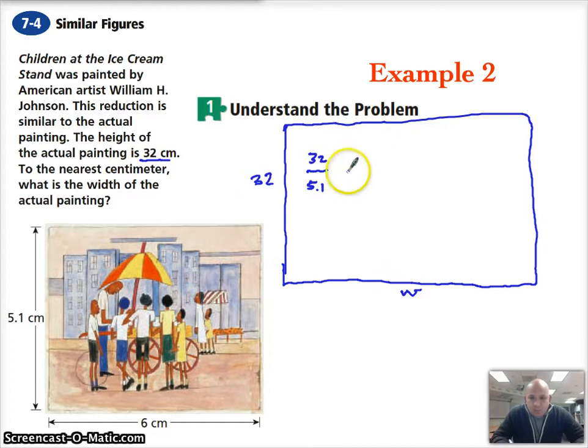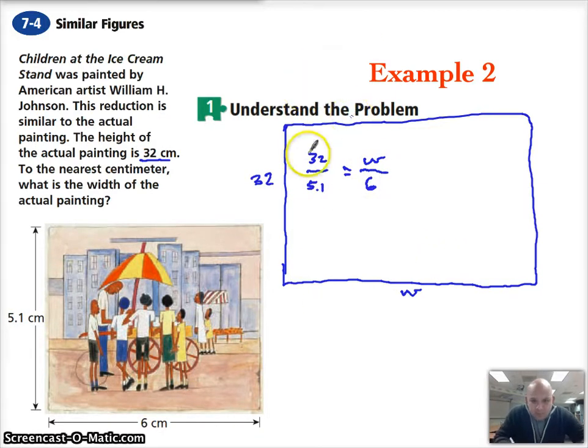We're going to go to the other side and look at this width first. So we start on the top figure here, applies to this rectangle rather than this rectangle. So we start with the width of this rectangle. So 32 is to 5.1 as W is to 6.